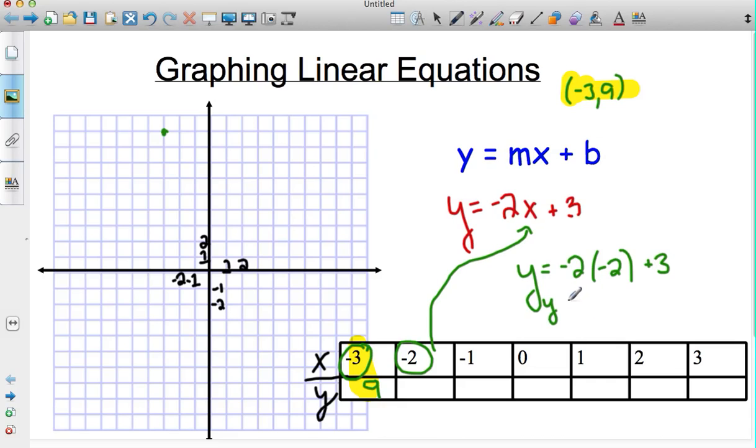Y then equals, a negative times a negative is a positive 4, plus 3. And y equals 7. So then when x was negative 2, y was 7. I can go ahead and plot that. I go left 2, 1, 2, up 7. There's my second point. Again, I'll erase this.